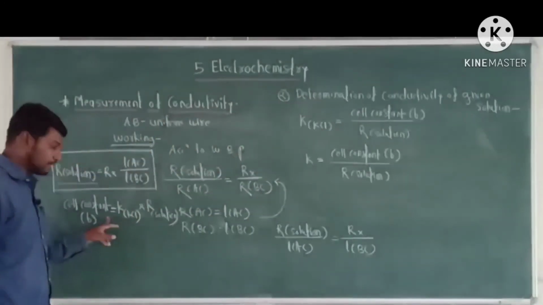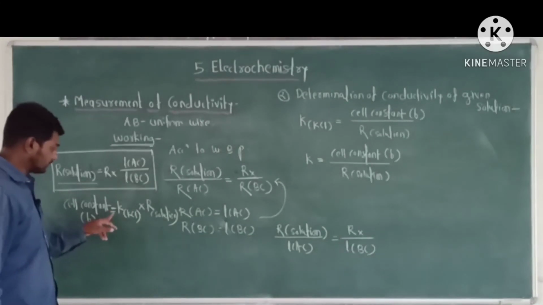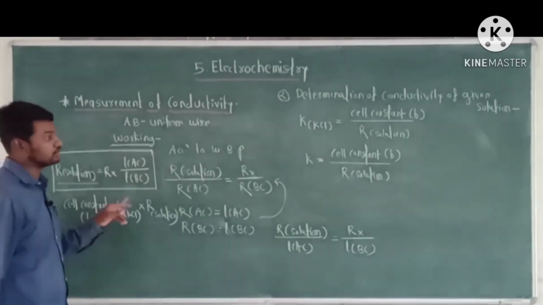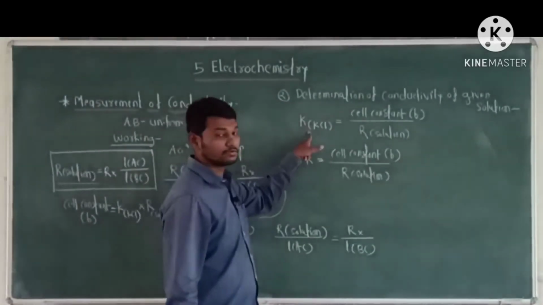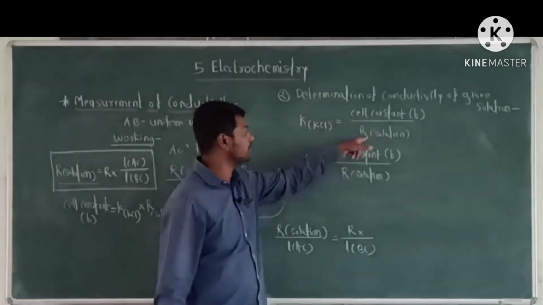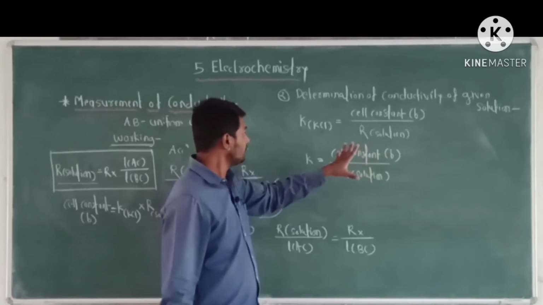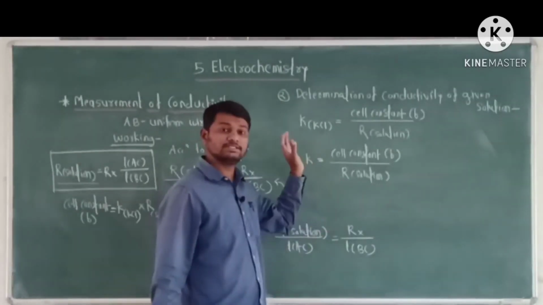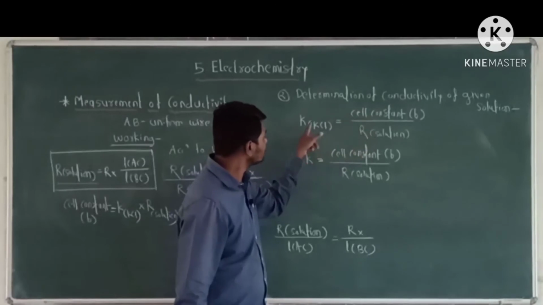After rearranging this equation, we get conductivity of KCl is equal to cell constant B divided by resistance of solution. The conductivity of a KCl solution is determined with the help of this equation.